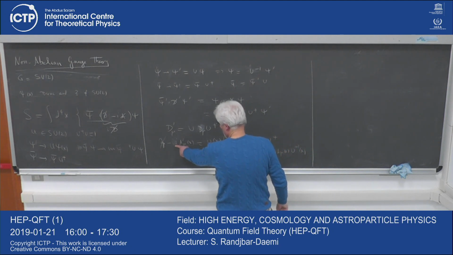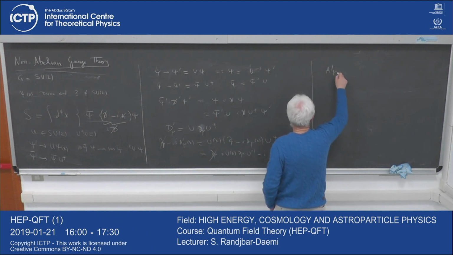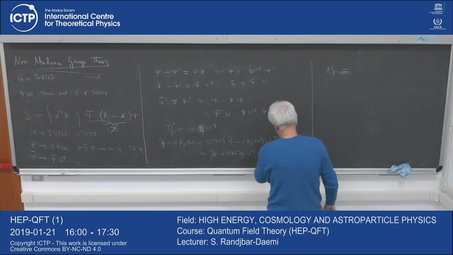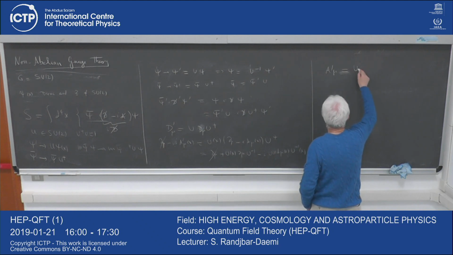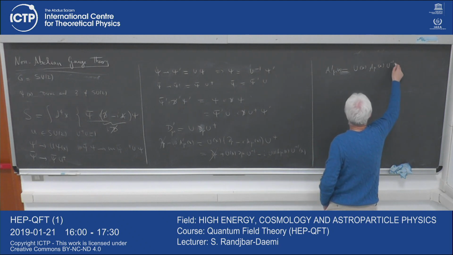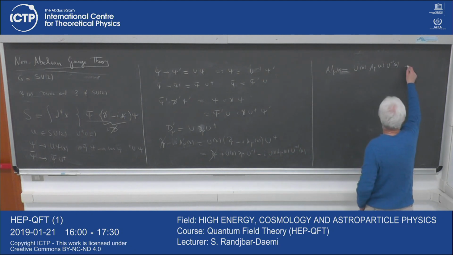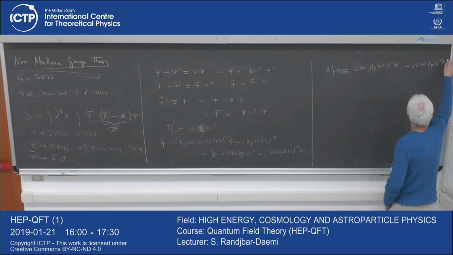You can also multiply by plus I, so that becomes A prime mu. If you multiply by plus I, on the right hand side, this term gives you U, let me put x here so that we remember the U's depend on x, and this term becomes plus I U of x d mu U minus 1 of x.